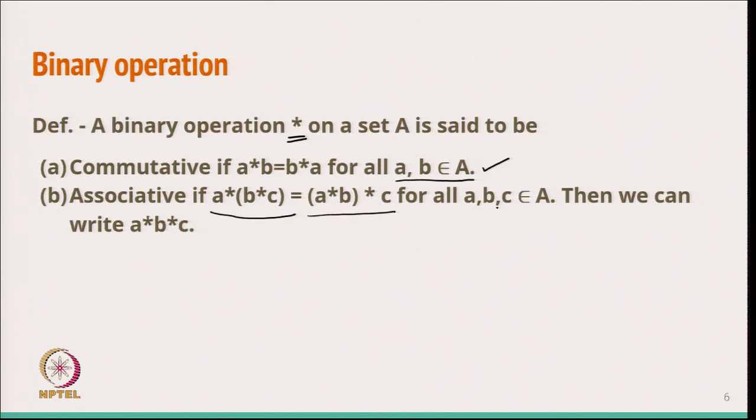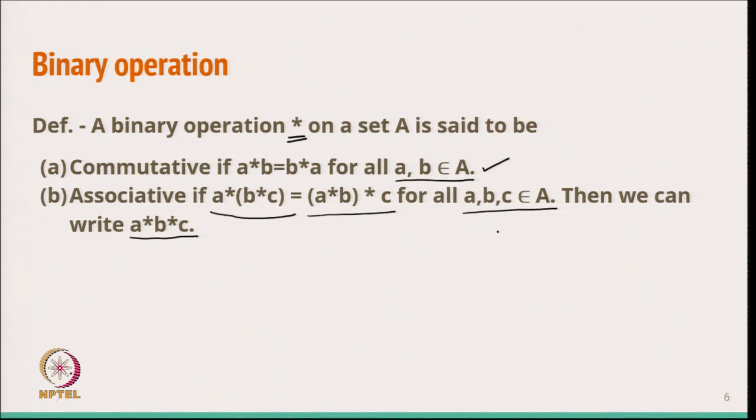If this is true for all values of A, B, C, then we can write it simply as A star B star C. If this is satisfied, then the binary operation is associative.